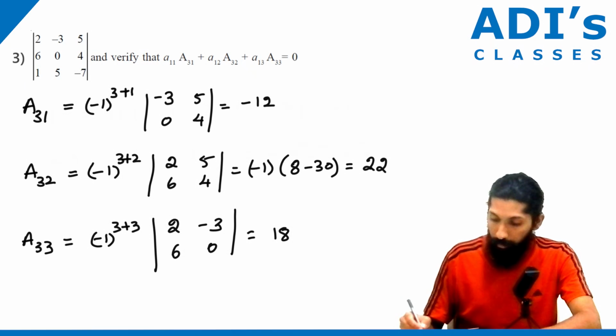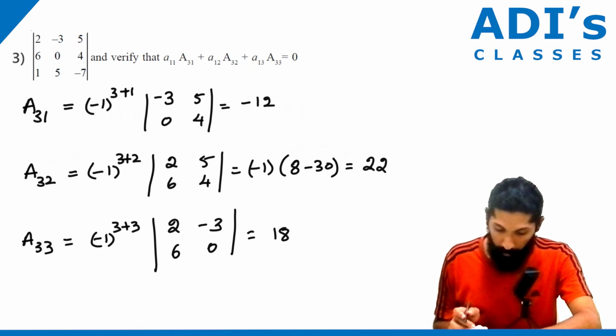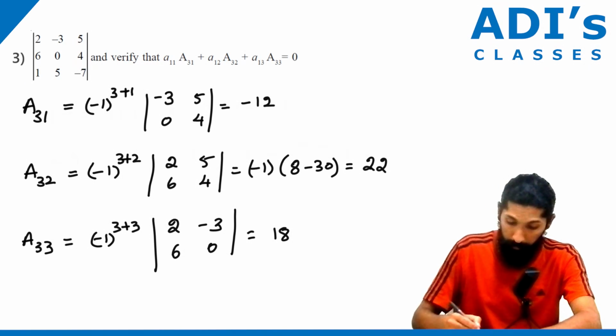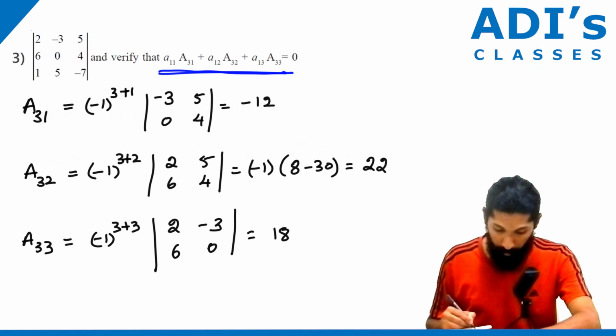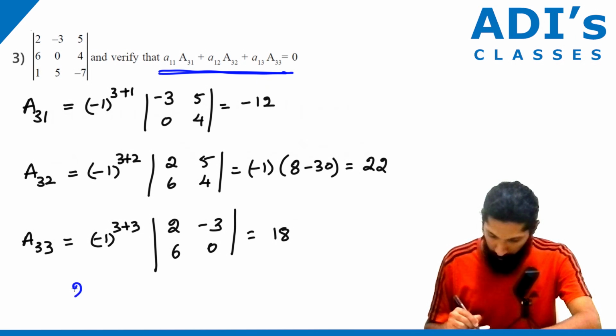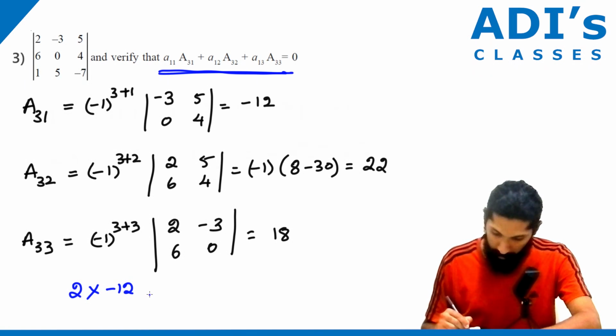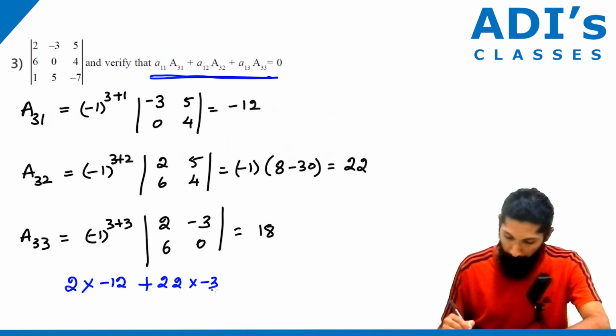Now what we are trying to do, we are trying to calculate the value of A11. So that means, guys, I'm trying to solve this one now. The A11 is 2. So you have 2 times minus 12 plus 22 times minus 3 plus A13, A33, 5 times 18.